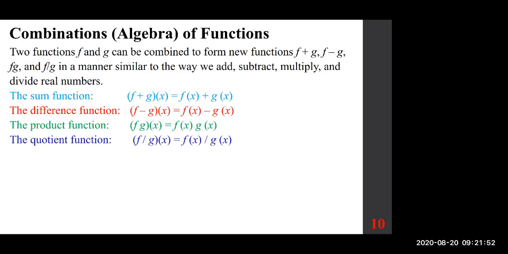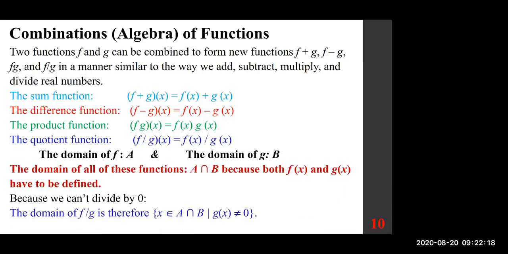The difference function, f minus g, means f of x minus g of x. f g means f times g. f over g means f of x over g of x. Okay. Now, understanding how to do the operation is very simple. But as far as the domain, if A represents the domain for f and B is the domain for g, it is always their intersection, which is the answer. A intersection B, whatever is in common.